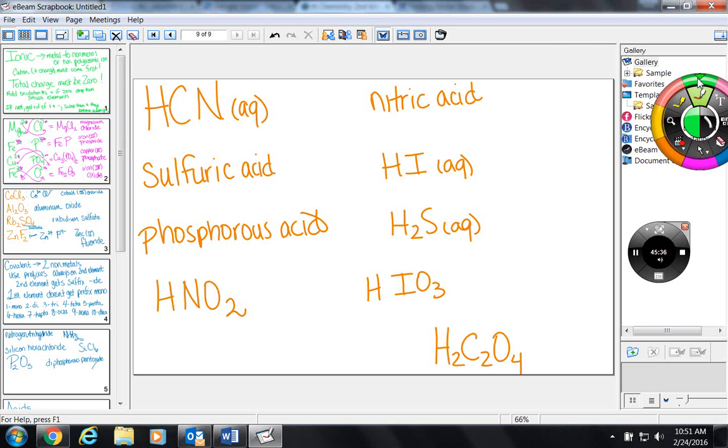Look at the first one, HCN. It has an AQ beside it, so it has to be on my list of things that are binary. So what is CN? Carbon and nitrogen. It ends in I. It happens to be the one polyatomic that ends in I, so look at your polyatomic sheet.